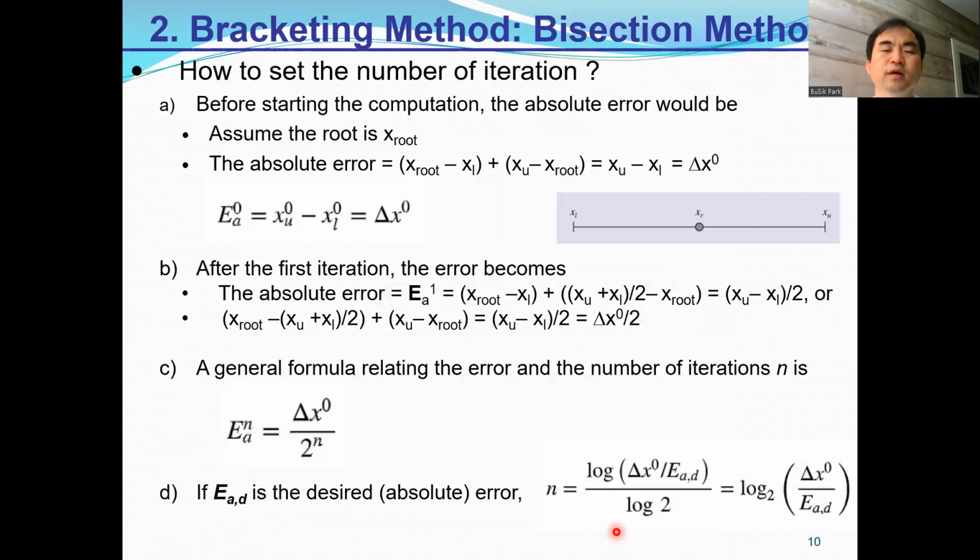And then how can we set the number of iterations? We can derive this. This equation is only available for the bisection method; you cannot apply this equation to other methods. With E_ad, the desired absolute error, n equals log base 2 of delta x divided by E_ad.